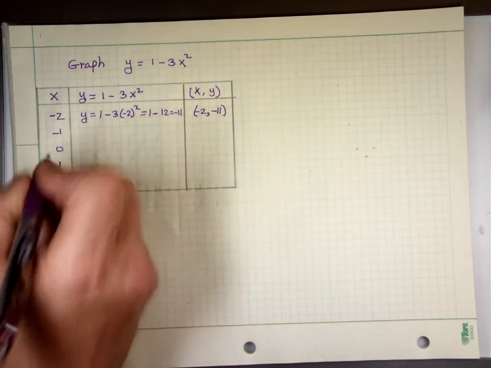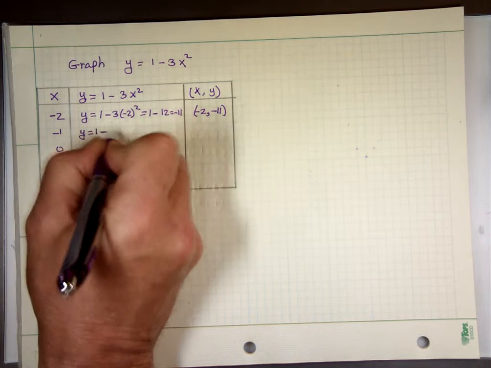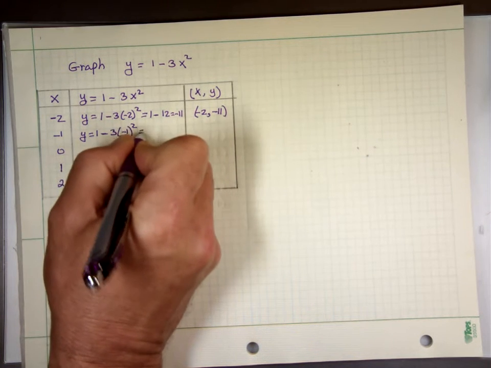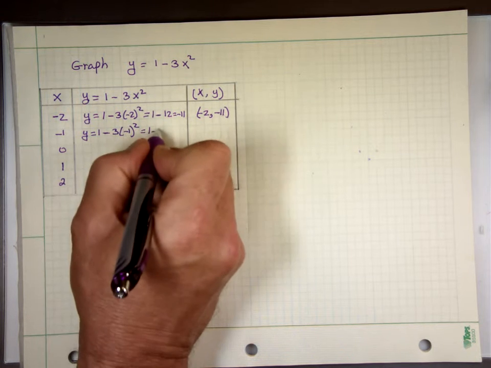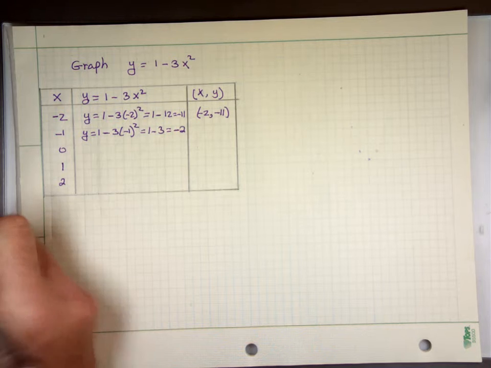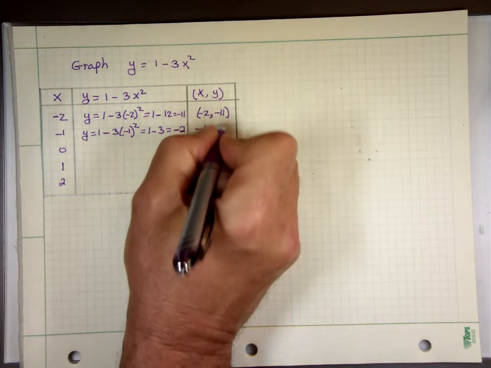If I use the -1, y equals 1 minus 3 times a negative 1 squared. 1 minus negative 1 squared is 1 times 3, that's 3, that's a negative 2. Negative 1, comma, negative 2.